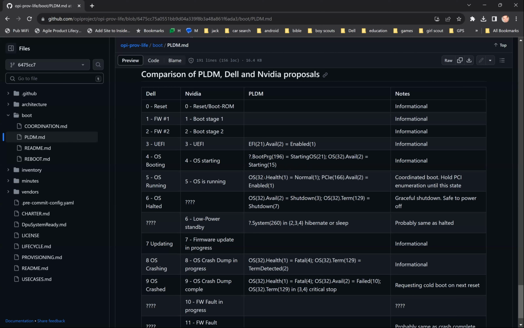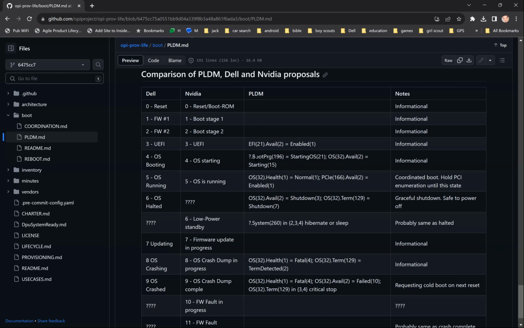And I wrestled with that a little when I was trying to come up with the PLDM equivalent. It's a little easier when you say OS availability is starting, or OS health is normal. In PLDM it's multi-layer.